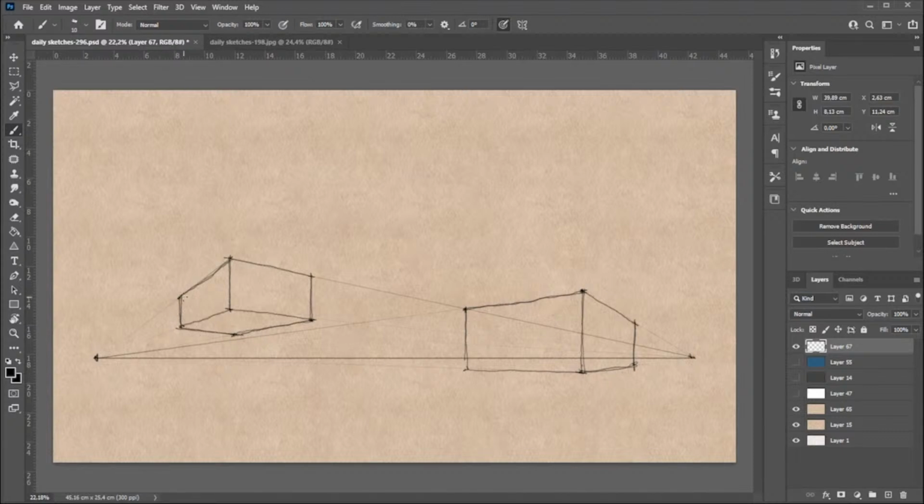Draw the lines first, the lines that go to the vanishing point, so soft. Then just repeat the part you need with a darker line. Okay, it could be another cube here. Same rules.